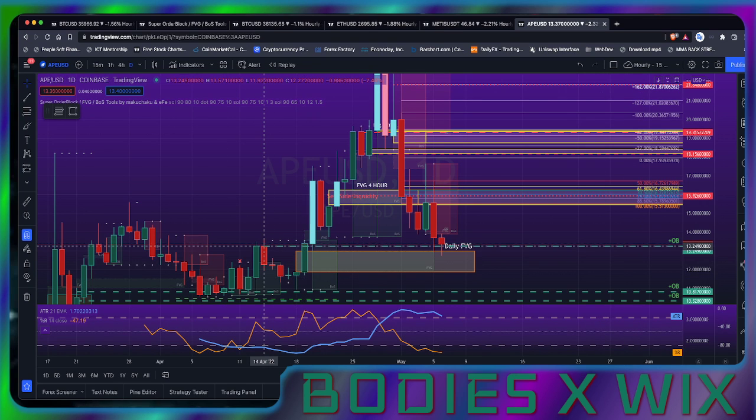So that to me is a break of structure, not the wick and then another wick either being equal with it or going higher than it. The wicks don't matter to me because the wicks just run on liquidity.